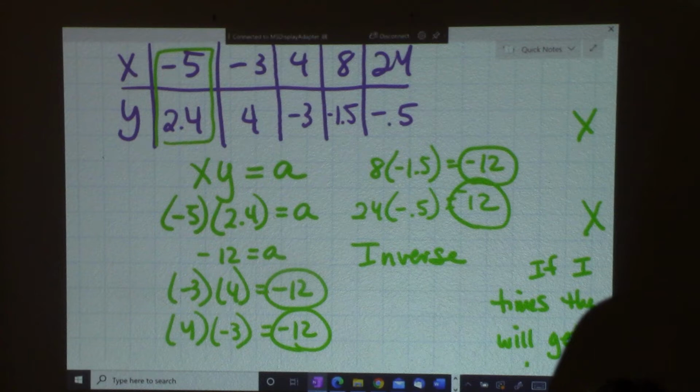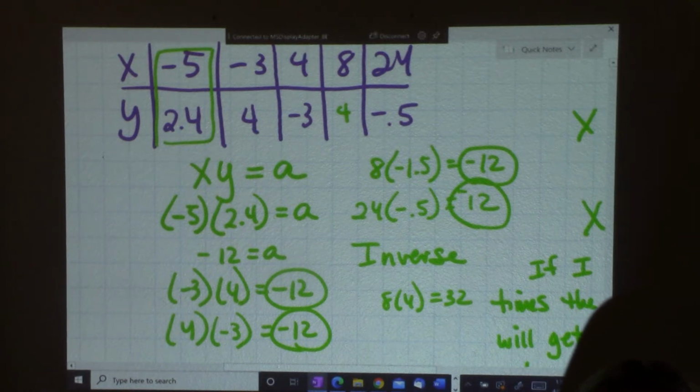If I had something different, like let's say that this point here was actually a 4, okay? When I multiplied 8 times 4, I would get 32. Is 32 the same as -12? No, it's not. So the answer here would be that it's not an inverse function.